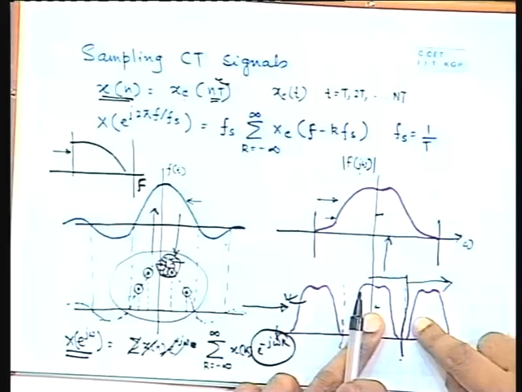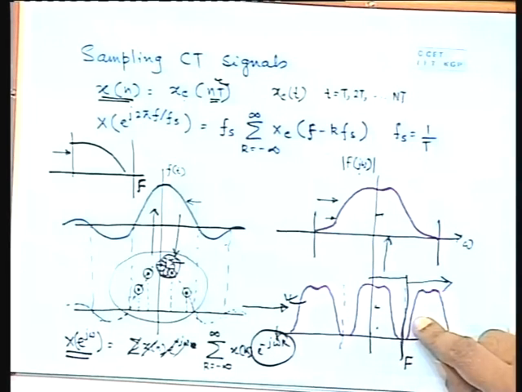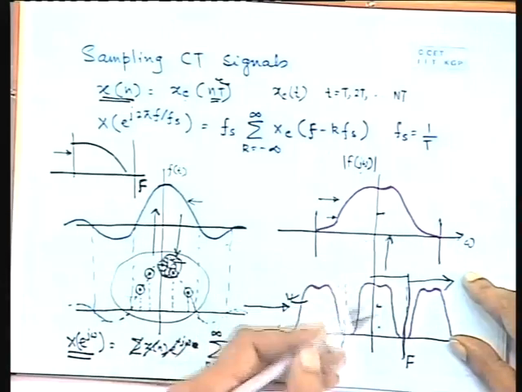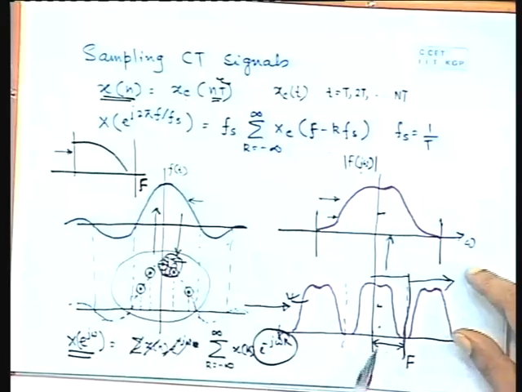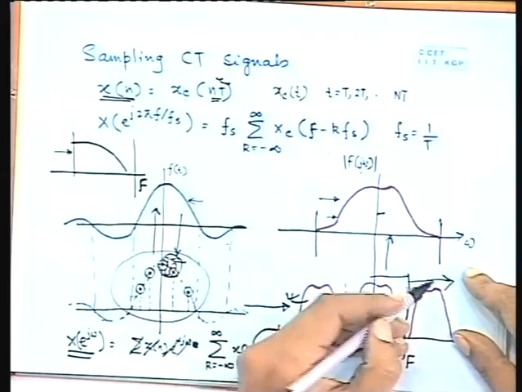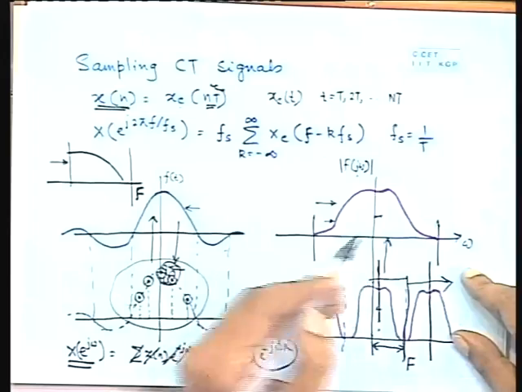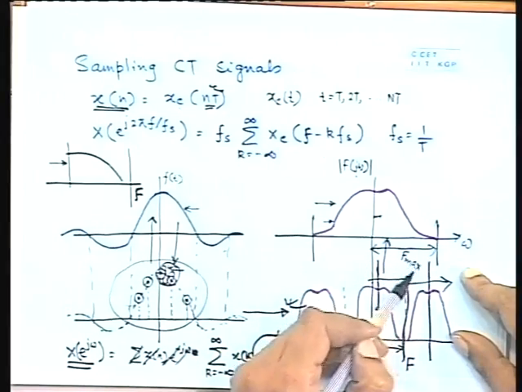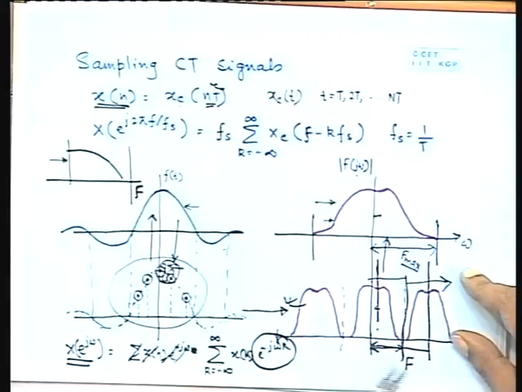When they are separated. This center frequency is basically the sampling frequency. If this is f max, that is the maximum frequency component, then this is going to be twice f max.